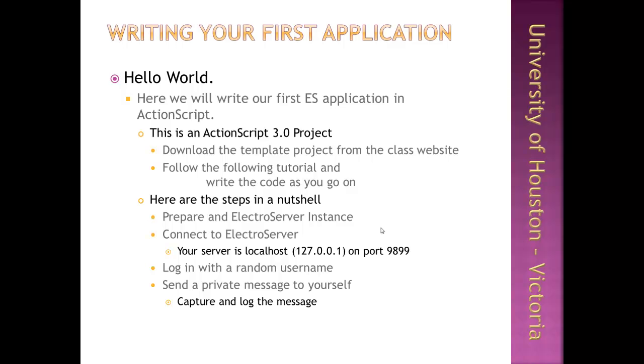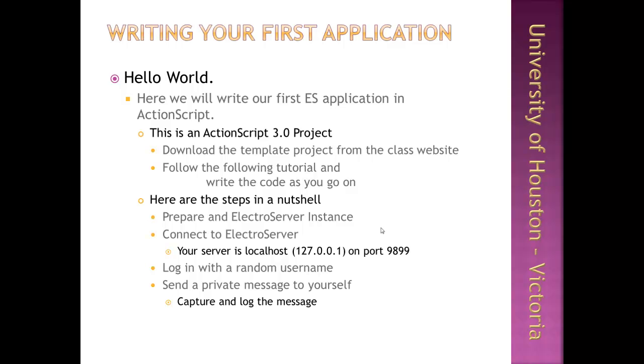It's a compressed zip file. You download that zip file, uncompress it and extract it into one of your local folders. This is an ActionScript 3.0 project, and once you download that template from the website, you can follow the steps that we will be taking to populate and create this project.